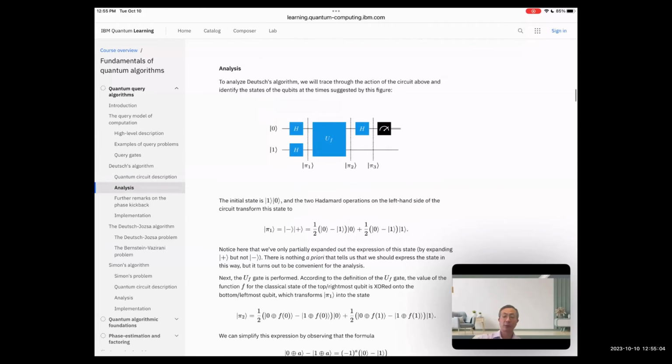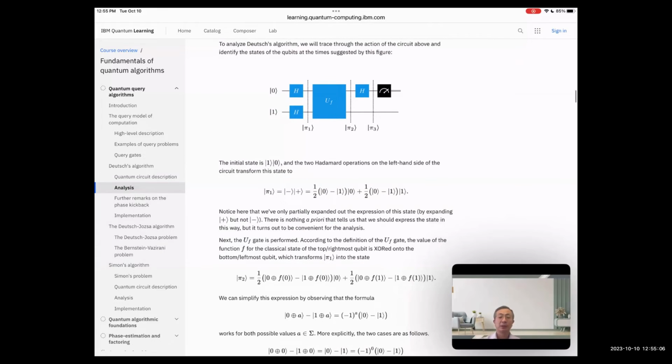Oh, my pen doesn't work on this anymore. So I can use my mouse to circle. It does have this pi 1, cat pi 1 and cat pi 2. After the two Hadamard gates, it works on the pi 1. So that's the pi 1 situation. So cat 1, cat 0.